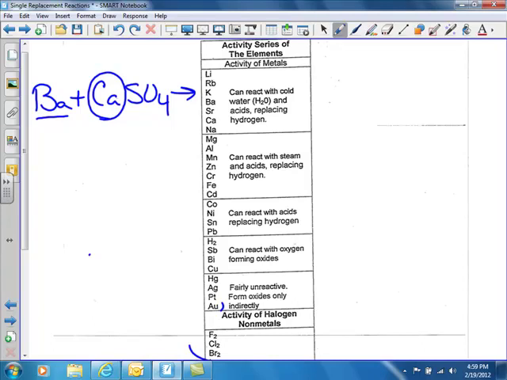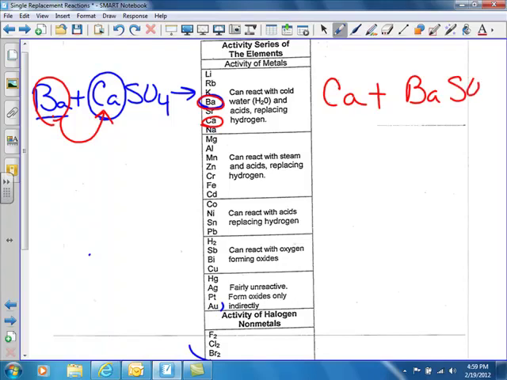Barium is right here, and calcium is right here. Because barium is above calcium in our activity series, barium will replace it. So what I will get is calcium plus BaSO4 as my products. So that particular reaction worked.